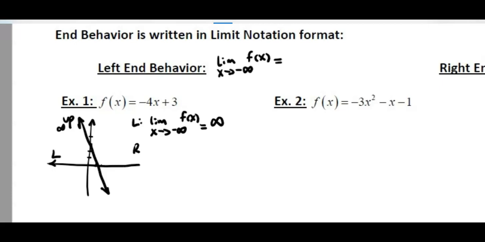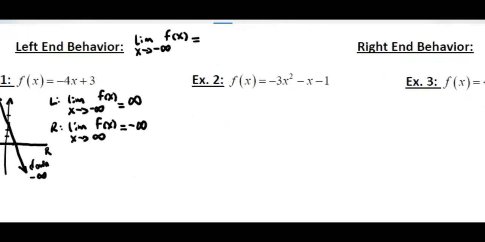And then on the right, the limit of f of x as x approaches positive infinity, because it's going down, we would say that it's going down towards negative infinity as it goes to the right. And so as it approaches positive infinity, the limit is negative infinity because it's going down.